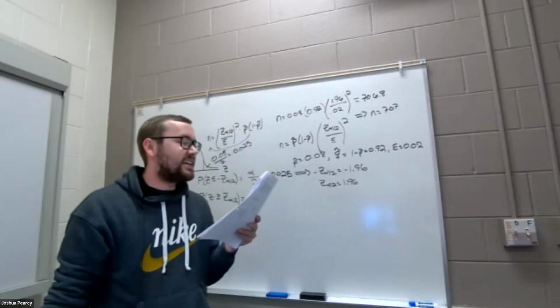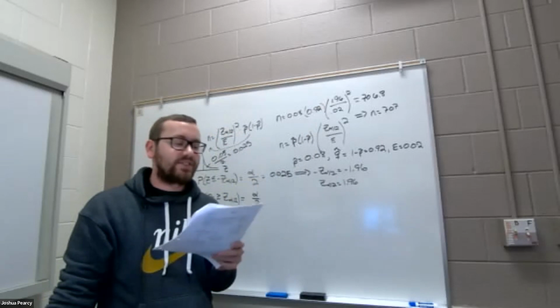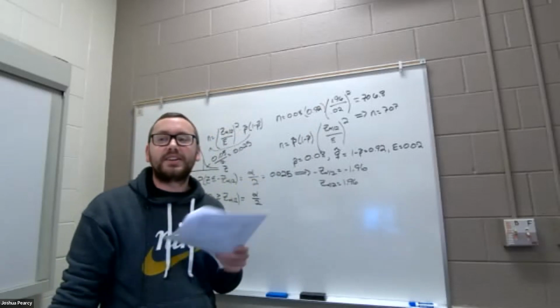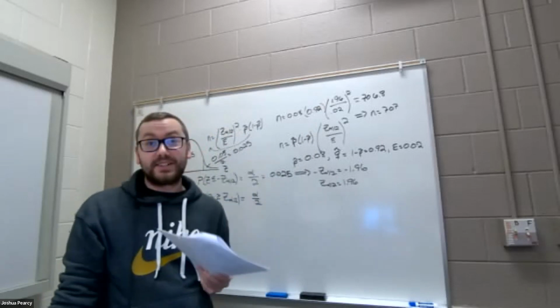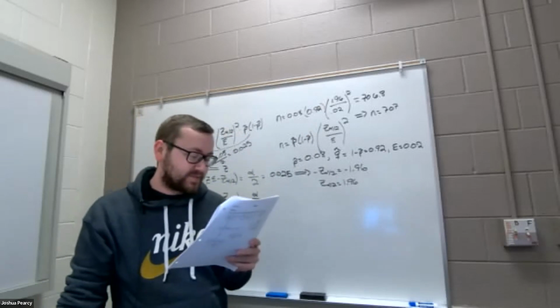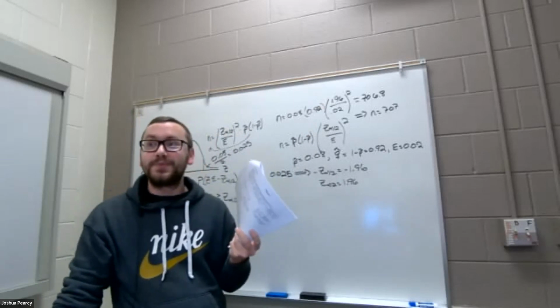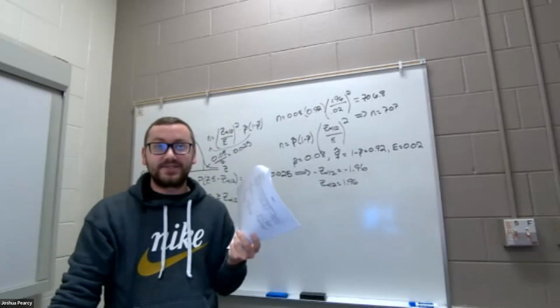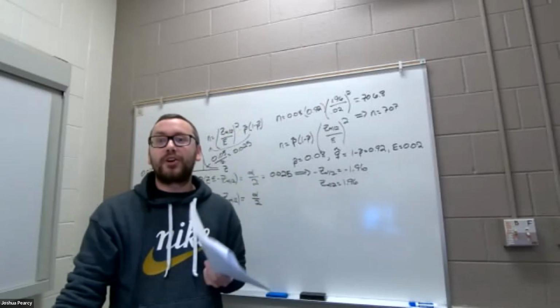I did the E and then 1 minus E instead of p hat and 1 minus p hat. There you go. That should be right. Sorry for the confusion. Is everyone okay up to there now?